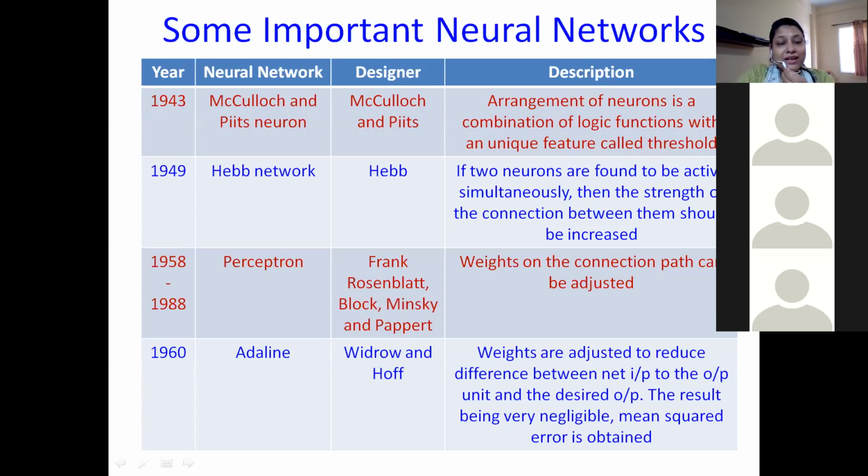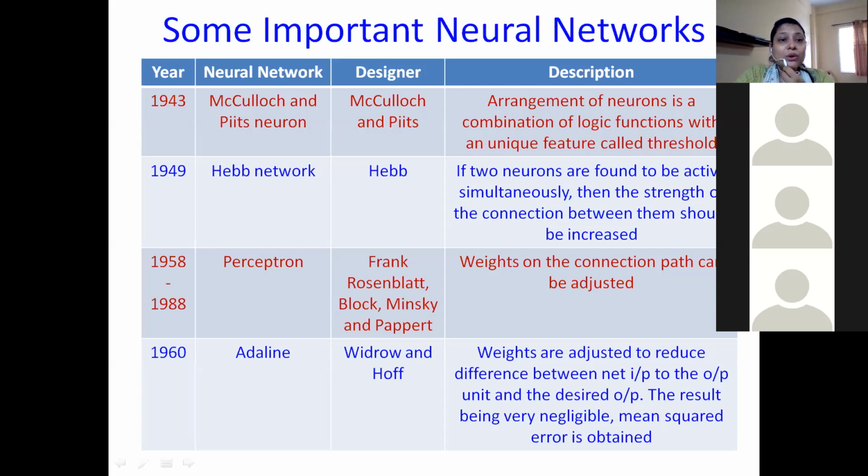In almost all the cases, a particular neural network is named by its inventor or designer, so based on the name of the scientist or researchers, the neural network is named.